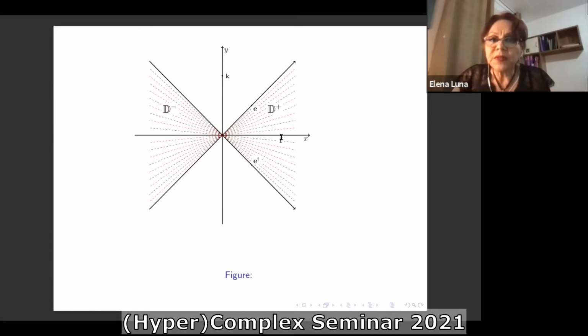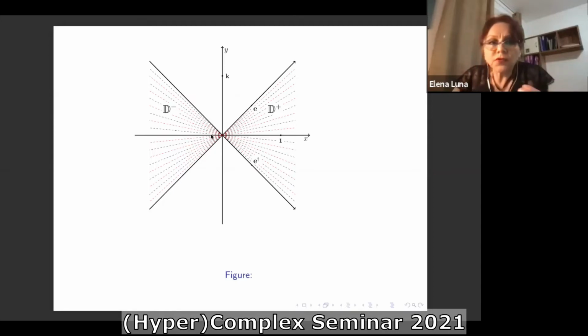So then you see, here is the number 1, k. Here is the line where the idempotent e is, and here is e dagger. So then here in this plane that we see the hyperbolic numbers, this cone to the right is the set of positive numbers.